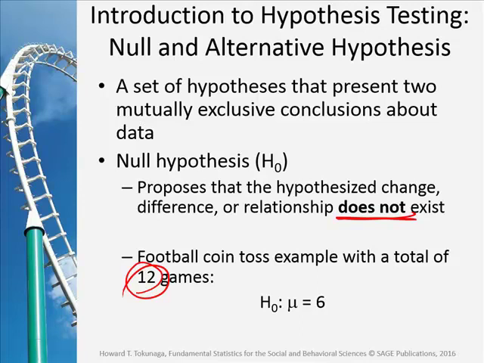It's half, which means half would win and half would lose, because there's no relationship. That is so counterintuitive to actually pick an exact number. But okay, it's his example. Let's roll with it. So his null hypothesis is that the average number of games won out of 12 would be 6. And that would show that there's no relationship.